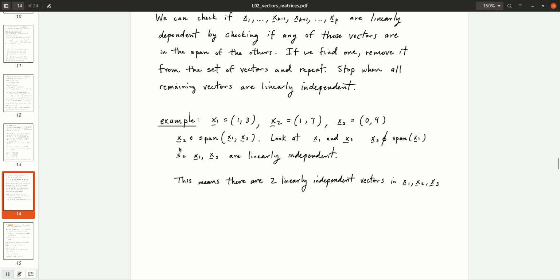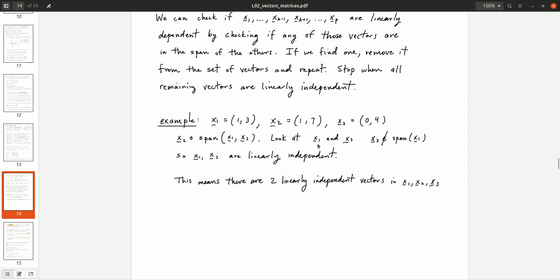But let's take the simplest one, which is to say x2 is equal to x1 plus x3. Let's see why that works. x1 plus x3 is going to be 1 comma 3 plus 7, which is 7. So x1 plus x3 equals x2. Therefore, x2 is in the span of x1 and x3. So we kick it out of our set of vectors.